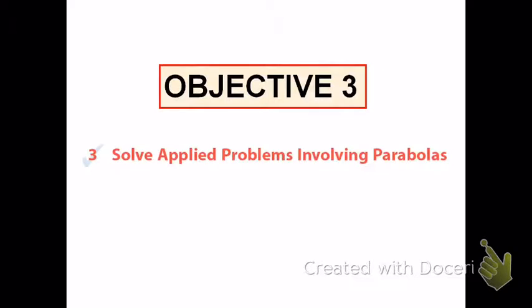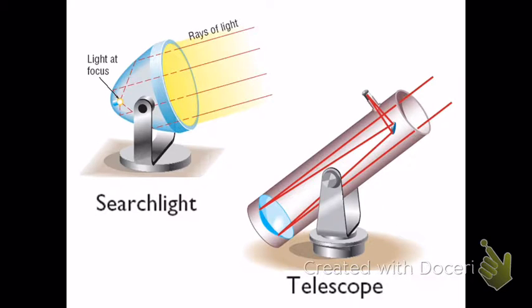Let's take a look at an applied problem here. A couple of examples of applications of paraboloids, they're called, where we take a parabola and rotate it around its axis of symmetry. For instance, a searchlight: we have a light source at the focus.